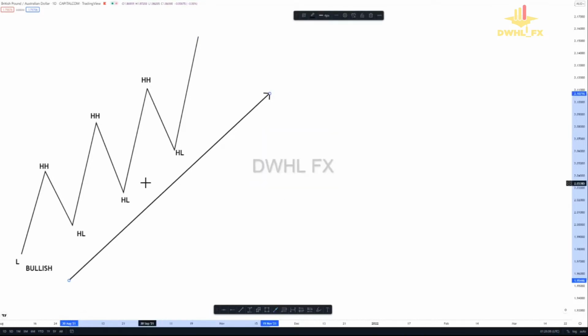Now, anytime there is a higher low, price will definitely create a higher high. And anytime a high is created in a bullish market, we expect price to retrace to create a higher low.